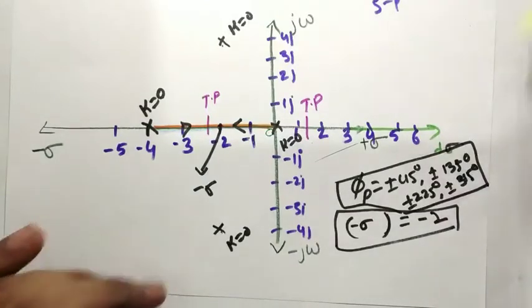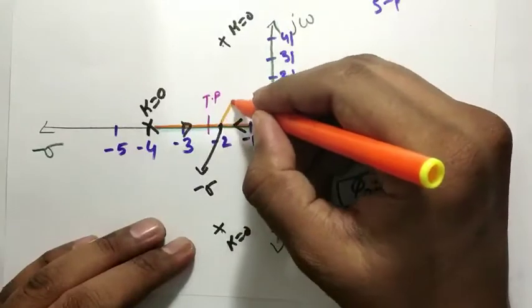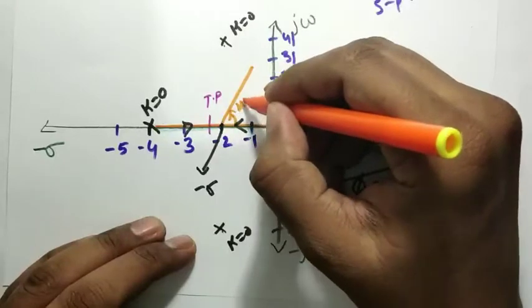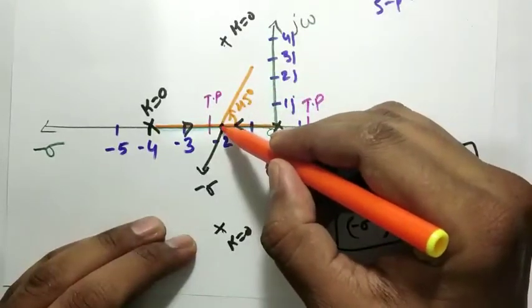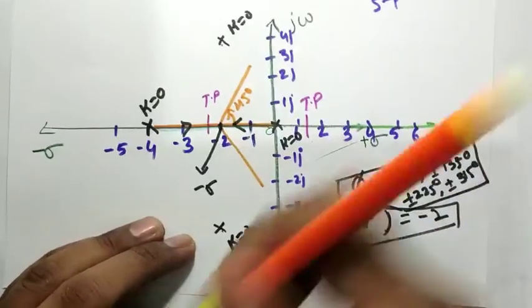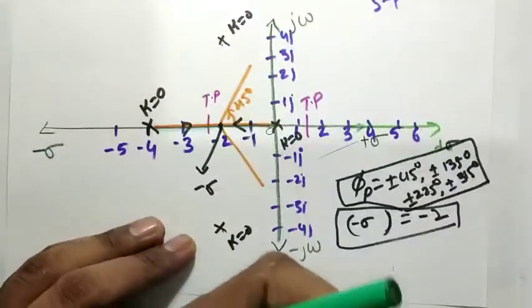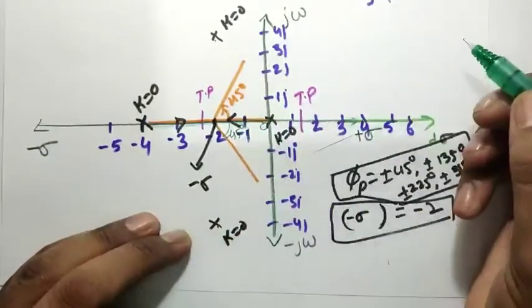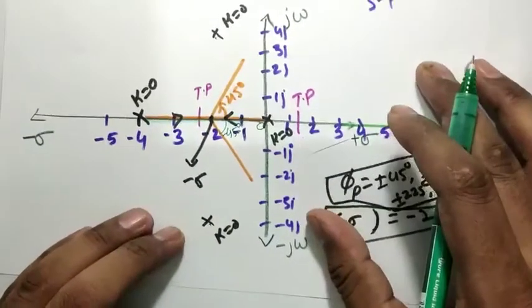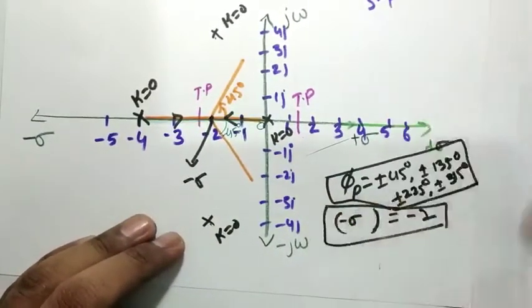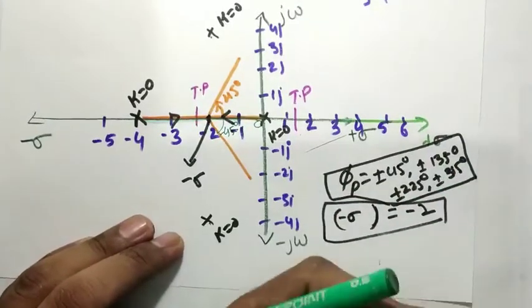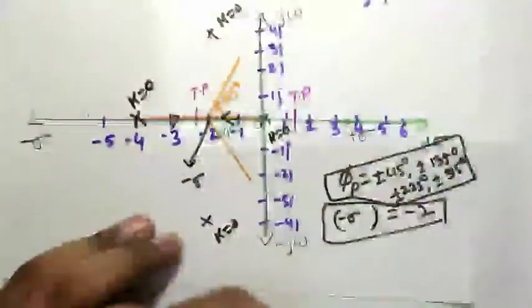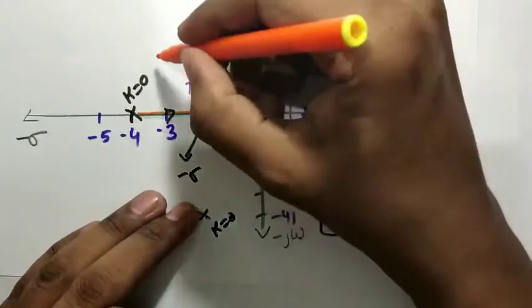This is the 45 degrees direction, and here also minus 45 degrees. Next, what is another angle? It is 135. So where is 135? 135 degrees would be in this direction.